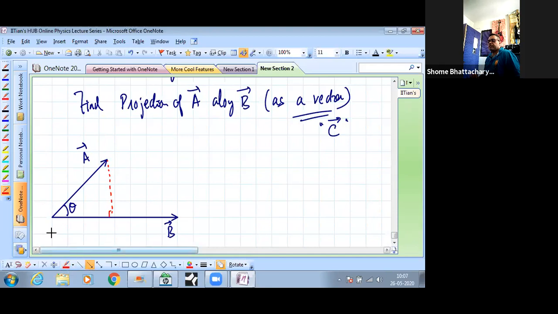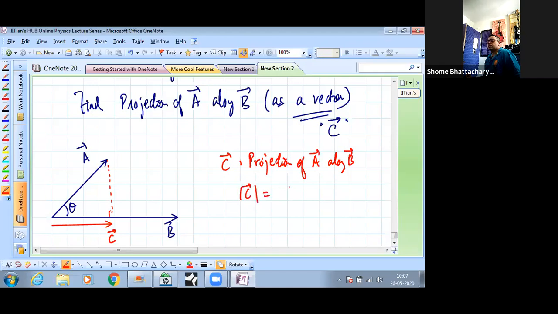Now this vector that we are getting, this quantity is C. So C is the projection of the vector E along the vector B. Okay, so the magnitude of C is how much? It is E cos theta, which should be E dot B divided by magnitude of B, which we had just calculated in the previous example. That was root 2. You remember that quantity.